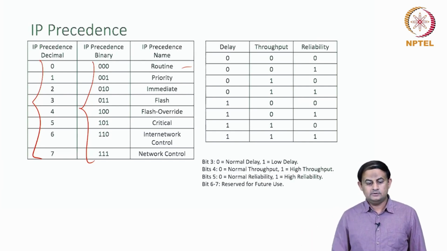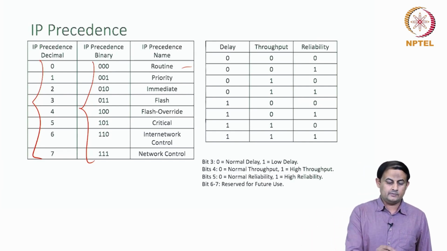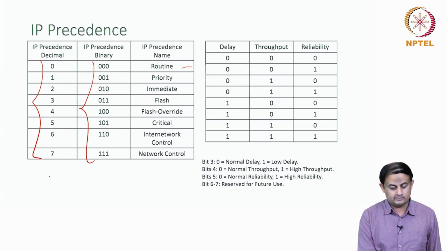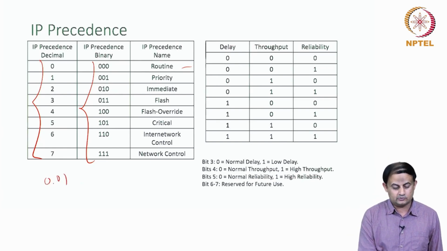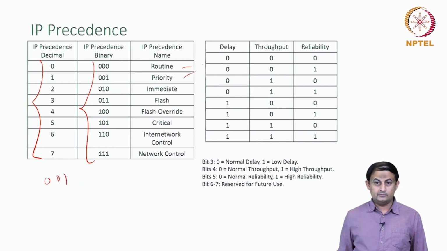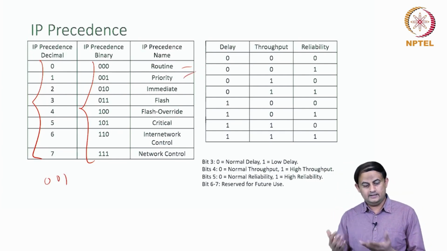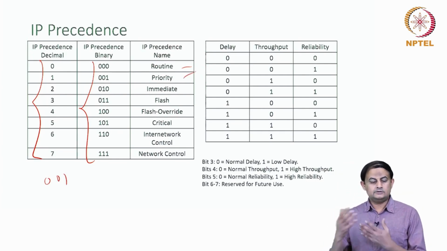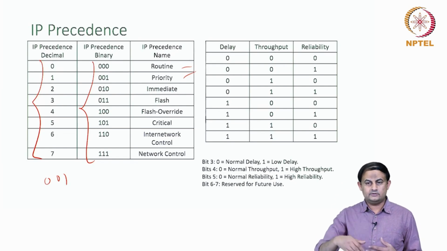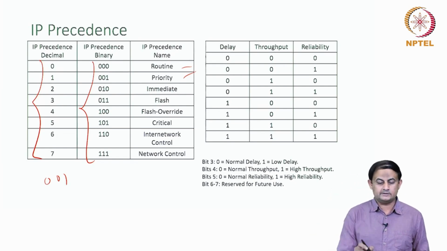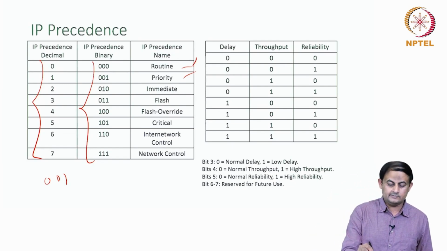The next priority level is indicated with 001. If the first 3 bits within that 8 bits are set as 001, then you need to give some level of priority. If the number is 010 or 011 and so on, the priority level keeps increasing from the routine, the best effort default service model.